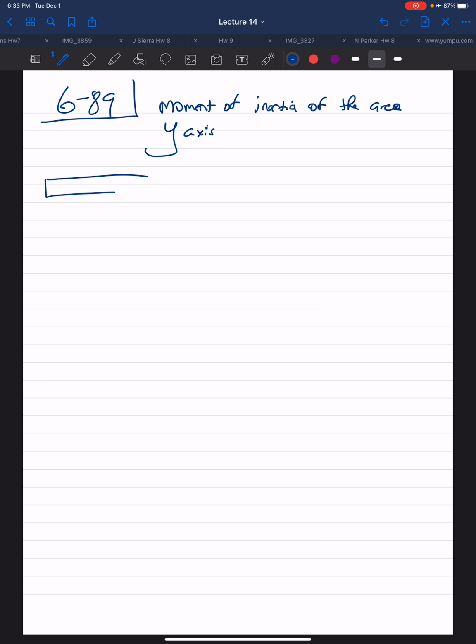So we can represent this beam as two segments, segment 1, segment 2. This thickness here is 50 millimeters. This height is 250 millimeters. This width is 300 millimeters. And this thickness here, this is 50 millimeters.